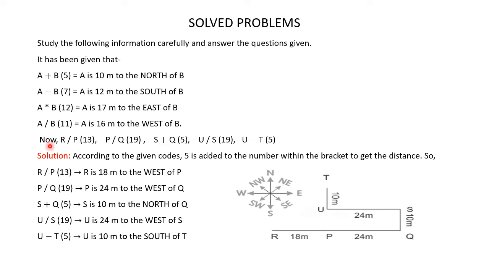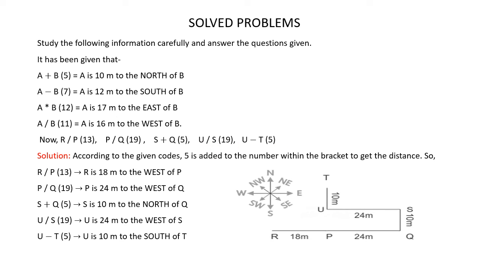Now R slash P 13, P slash Q 19, S plus Q 5, U slash S 19, U minus T 5. So first let's decode this information given.